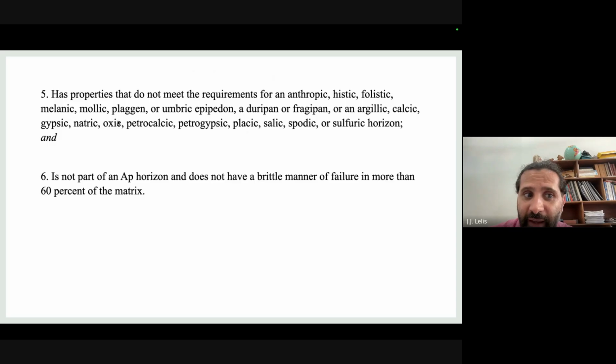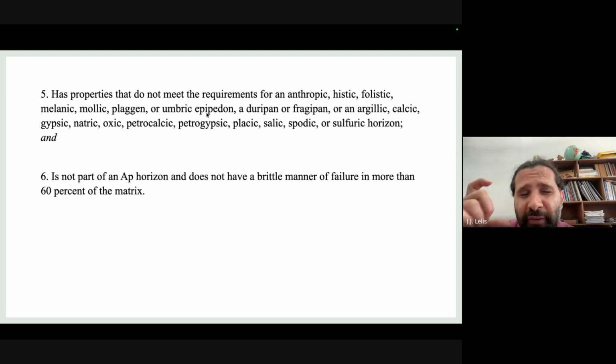So you can see that it does not fit the criteria for the others, but it's quite nice to see that the ochric epipedon is not here. So the ochric epipedon is the only exception that we can have that fits that of a soil that could fit an ochric epipedon and at the same time a Cambic horizon. So the same section of the soil I can call ochric epipedon and Cambic horizon.